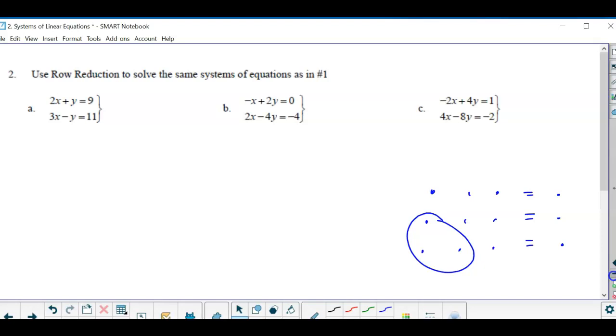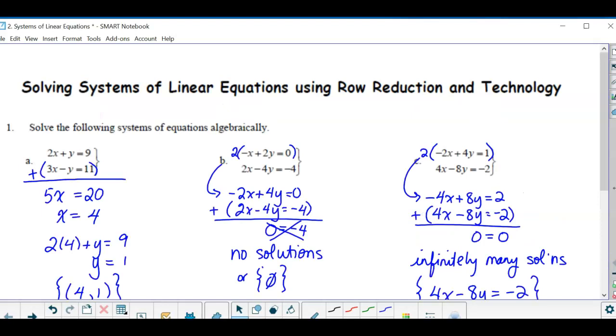Because then you have something in terms of z equals a number, if there is a point of intersection, and move it back. So you're trying to add and subtract these equations, because remember, adding and subtracting doesn't change anything. Over here, we multiplied this by a number, so it doesn't change the system, right? As long as you multiply both sides by the same number, it's still the same equation, okay?